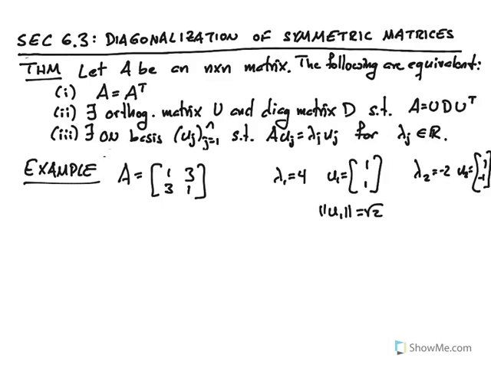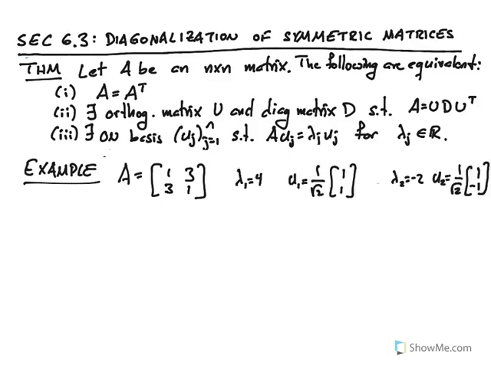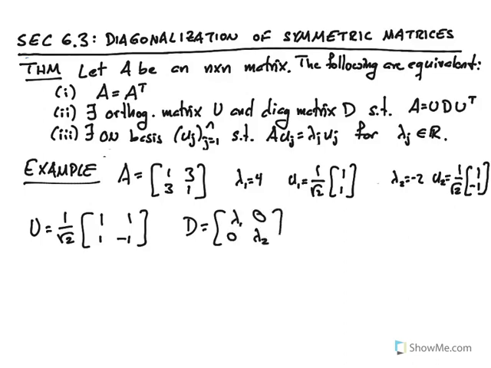So I need to divide by √2. Let's rewrite. Okay, that's better. Now I've scaled the eigenvectors so they have length 1, and then the matrix U becomes 1, 1, 1, -1, and D in this case, the matrix that has the eigenvalues on the diagonal, is 4 and -2.